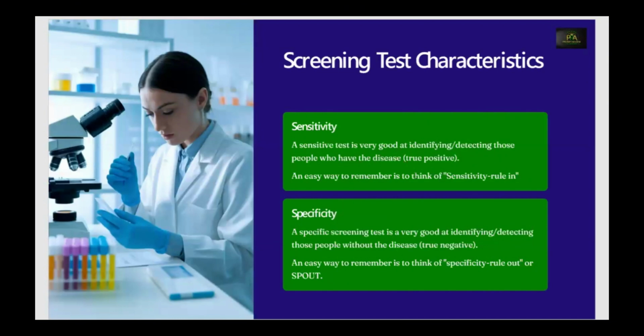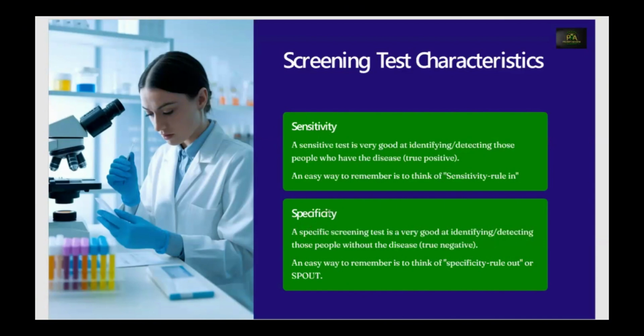Okay, they can ask you a question on this. You just need to know sensitivity and specificity. How I remember it is that a sensitive test is very good at identifying or detecting those people who have the disease. So sensitivity is the people that have the disease.